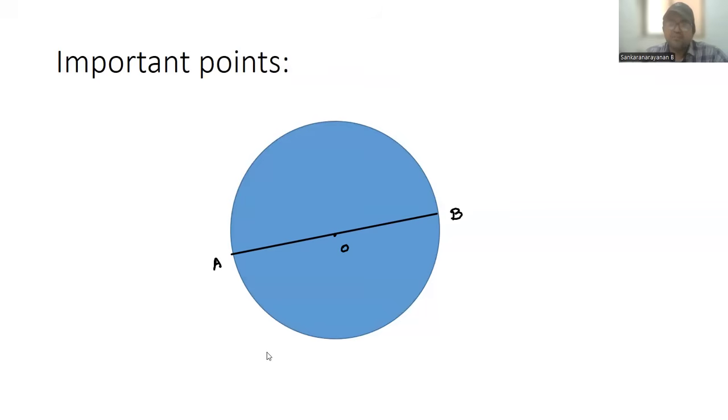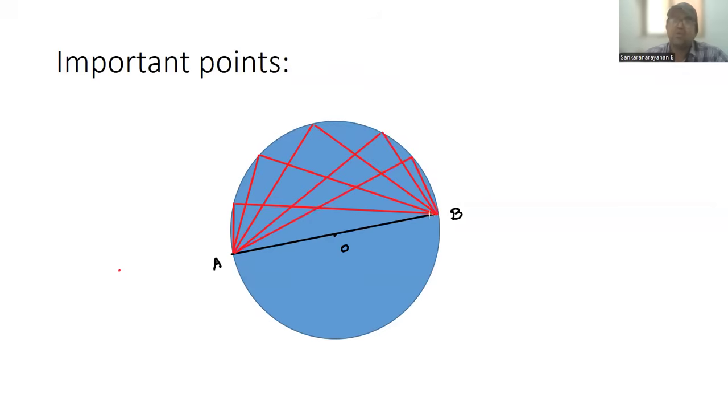Now please note the angle in a semicircle. Consider that I am drawing an angle here. The angle that is lying in a semicircle, in whatever way it is aligned, will always be making 90 degrees.